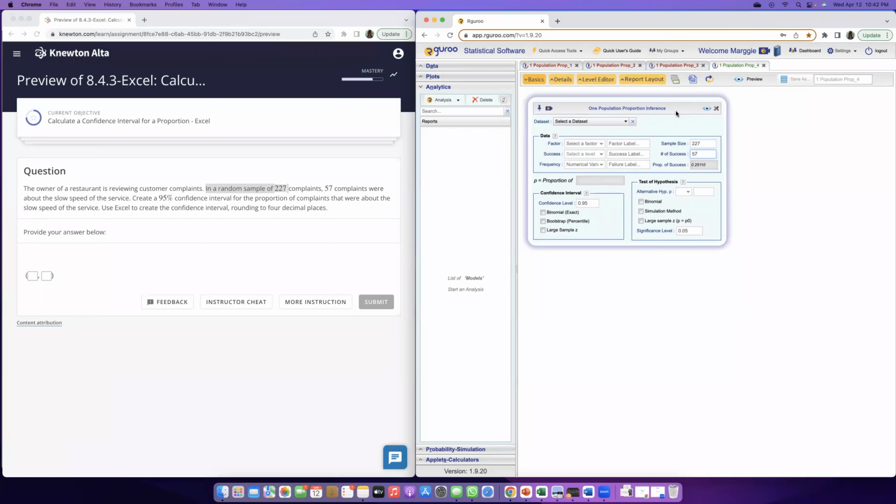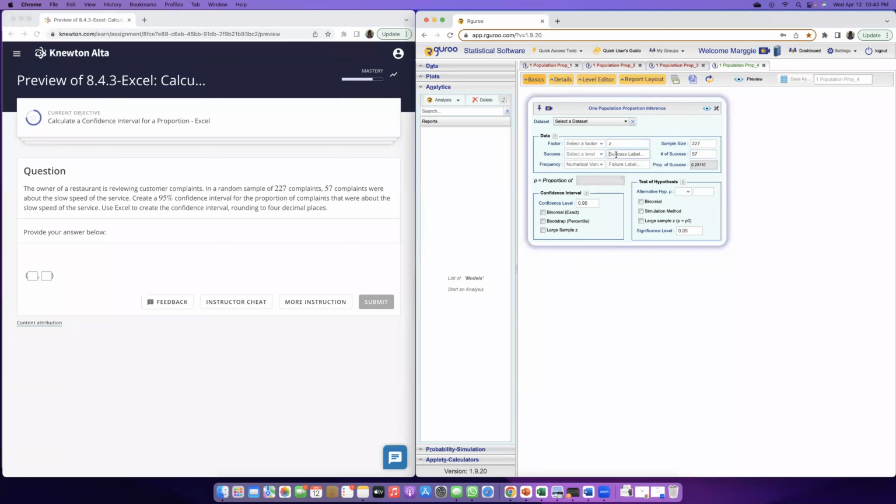Being positive or negative, it doesn't really matter. It's just a matter of, I wanted to observe this. Every time you observe that, you count that as a success. In this case, he wanted to observe complaints about the slow speed of service. So every time he found one of those, he counted that as a success. So out of 227 complaints, 57 of those were about the slow speed of the service.